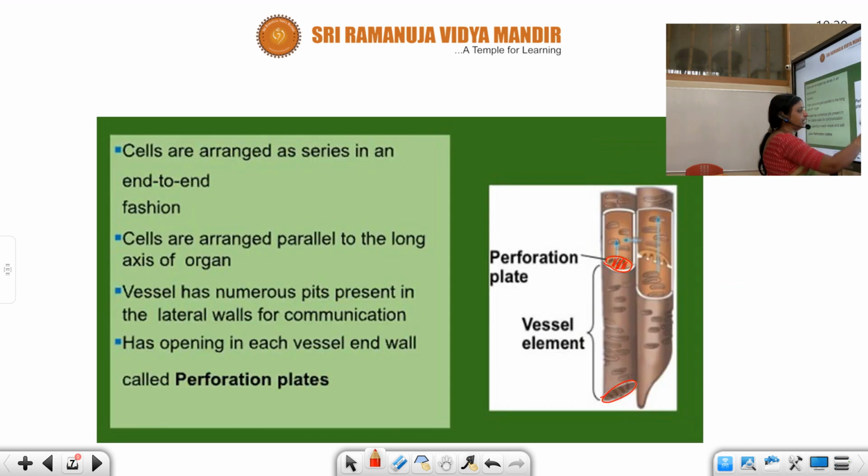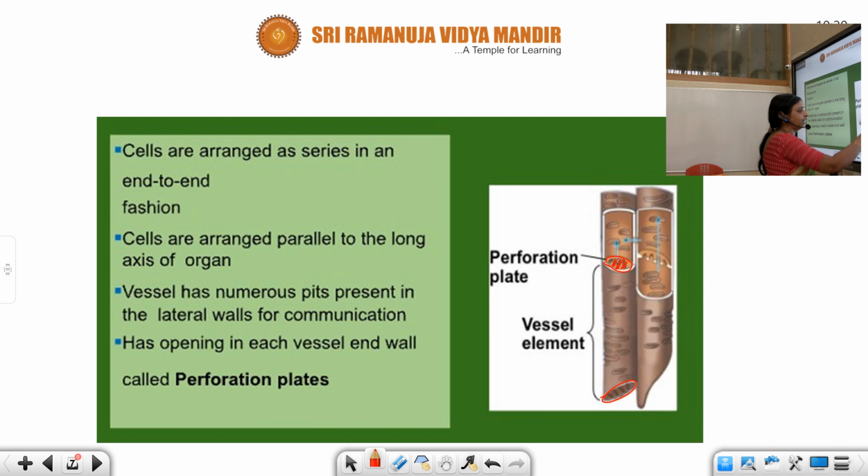Through this perforation the water flows upward, and these vessels are attached one to another, having a big lumen with less secondary wall thickening. So the lumen is broader than in tracheids. If we cut a transverse section, this is the vessel, and here is the wall layer.